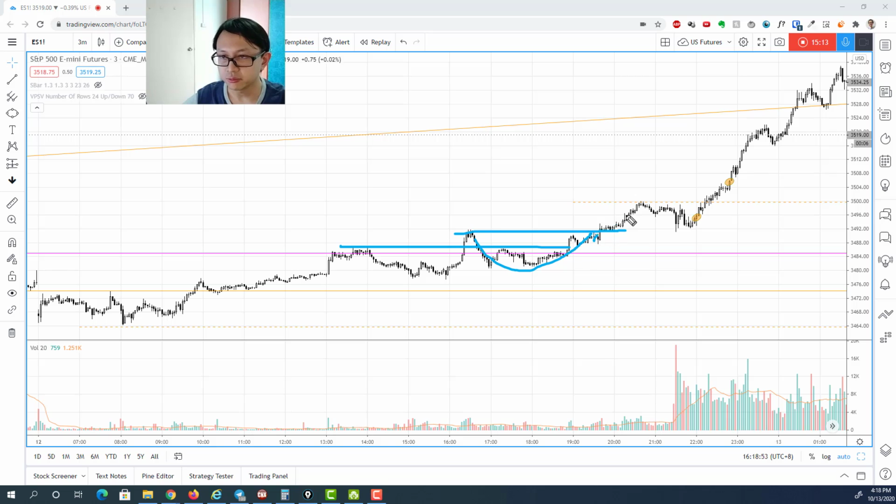So we have the breakout, pullback, tested the resistance turn support, and then another test, followed by the reversal. So this could be the reversal trade, or subsequently we have a breakout, consolidation, and then breaking out again. So this could be another kind of breakout trade.